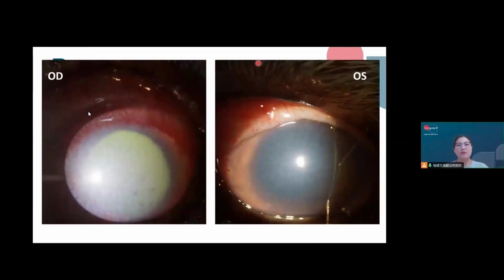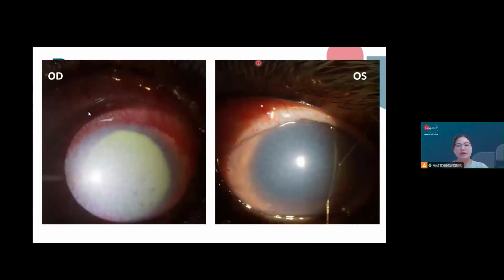Look at these pictures. We can observe the anterior chamber in the circular light from the slit lamp. So from this picture, what can we see?